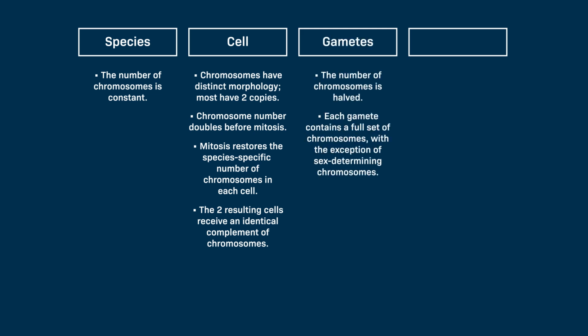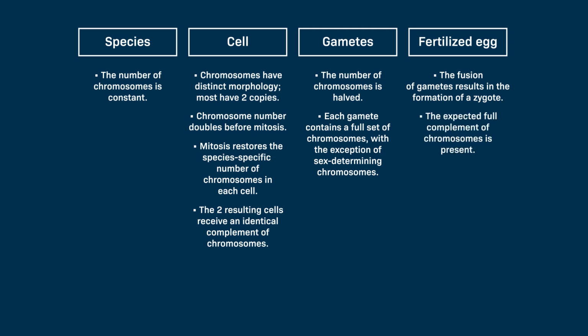Each gamete contains a full complement of chromosomes, one copy of each pair of homologous chromosomes, with the exception of chromosomes that determine sex. In fertilized eggs, there is a fusion between two gametes that results in the formation of the zygote. And the zygote has a number of chromosomes that is now equal to the number of chromosomes found in somatic cells.